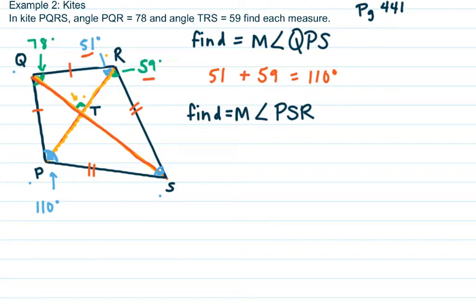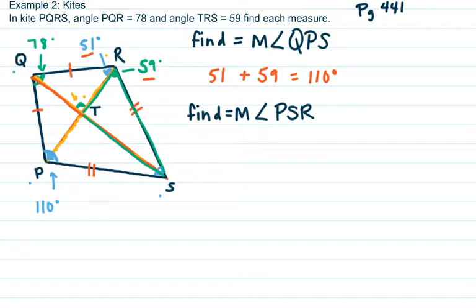Okay, so given what I know already, remember that I'm going to focus on this triangle right here. There's a couple different ways you can look at this. You could also focus on the larger triangle.